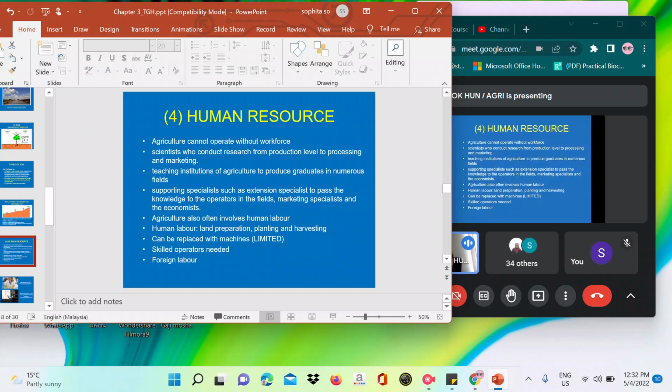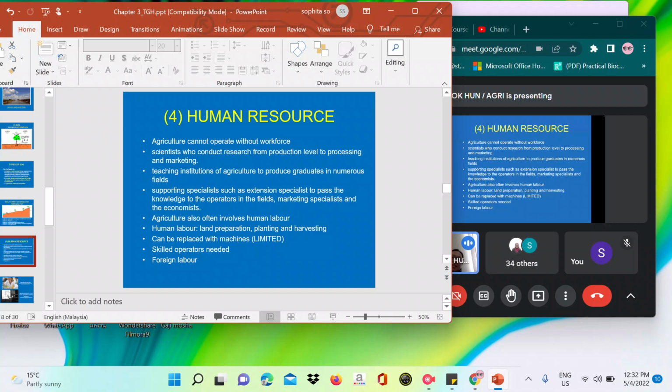So this also involves human resources, and also supporting specialists like extension specialists to pass the knowledge to the operators in the field, marketing specialists, and also economists. An extension specialist is something like an agent between the knowledge operator and the farmer.